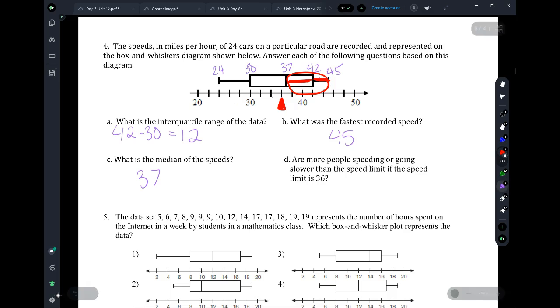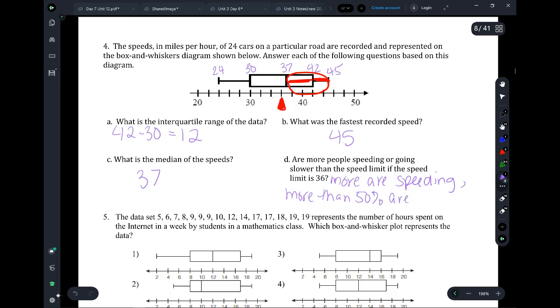We're going to say more people are speeding because more than 50% of the people are above the speed limit. So more are speeding, more than 50% are above the speed limit. Cool.